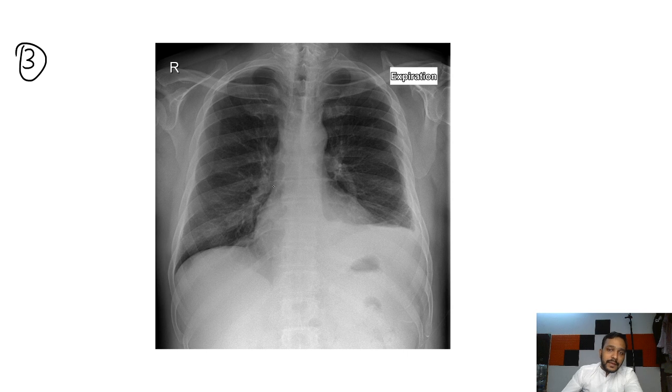Can you see any abnormality in this case? The lung fields appear normal, and CP angles are also almost normal. So the abnormality in this case was that the apex, the most superior point of the left dome of diaphragm, is shifted towards the left side.